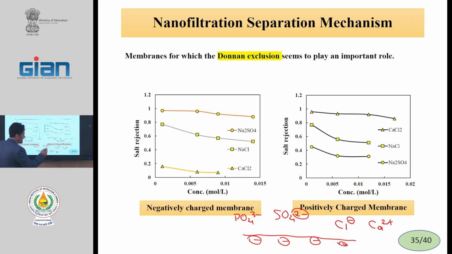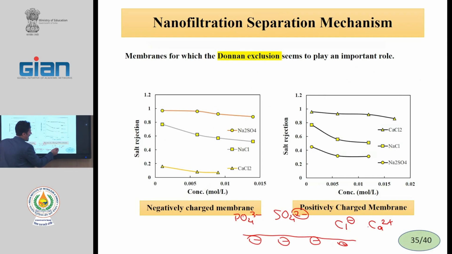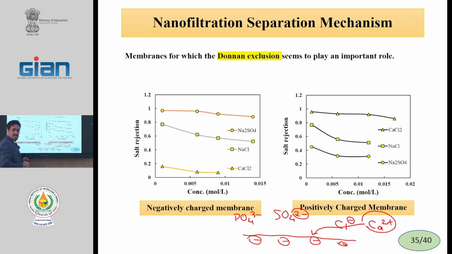Why? Because this calcium can adsorb on the membrane surface and neutralize the negative charge. Positive charge can neutralize the negative charge, therefore reducing the negative charge of the membrane, and the selectivity is reduced.